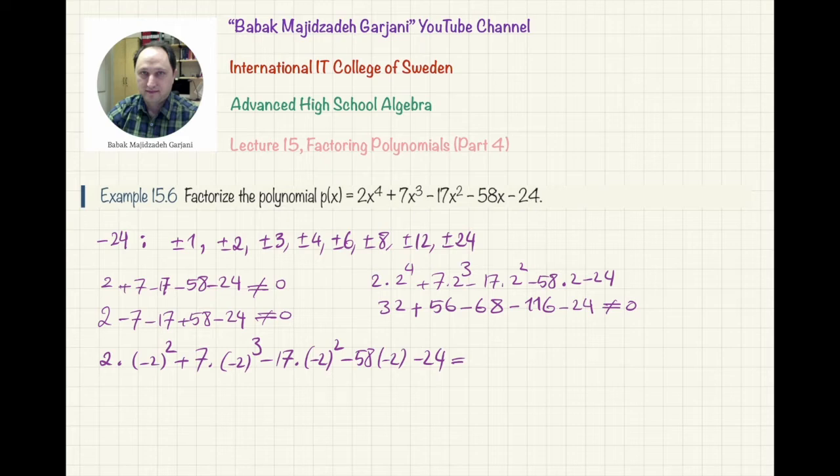Oh, sorry, this is not 2, this is 4. Yes, because the power here is 4. Okay, and then what happens? It becomes positive 32 again, and then minus 56, and then minus 68, positive 116, and minus 24.